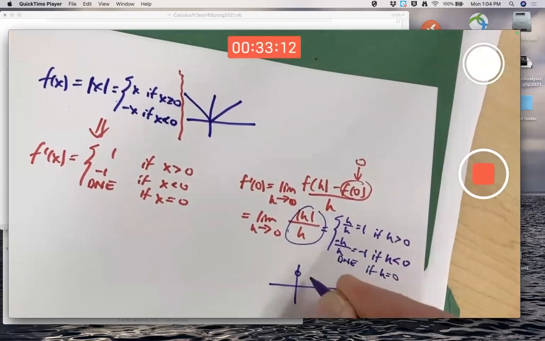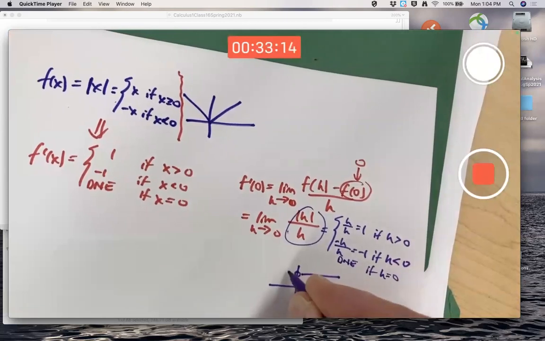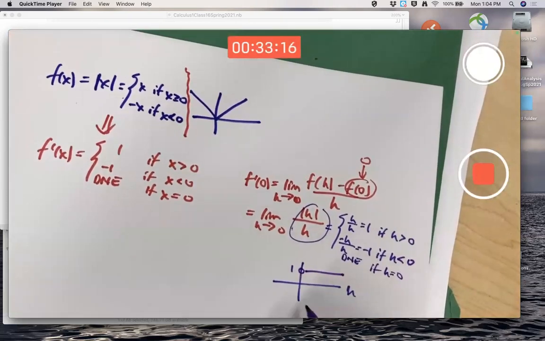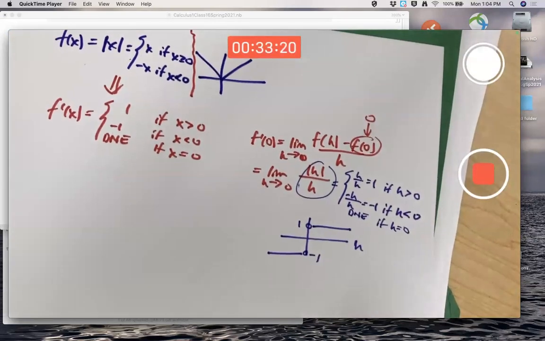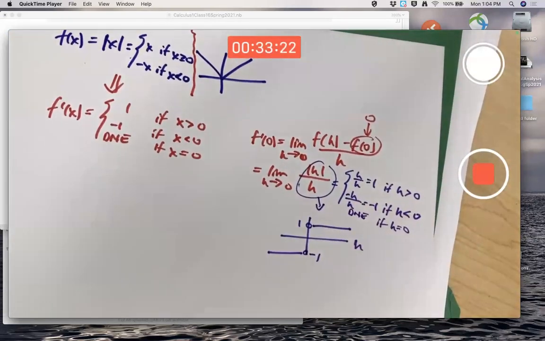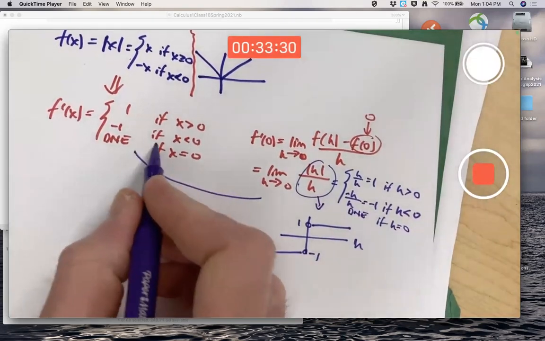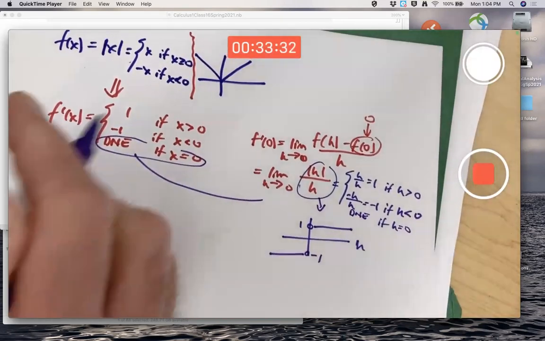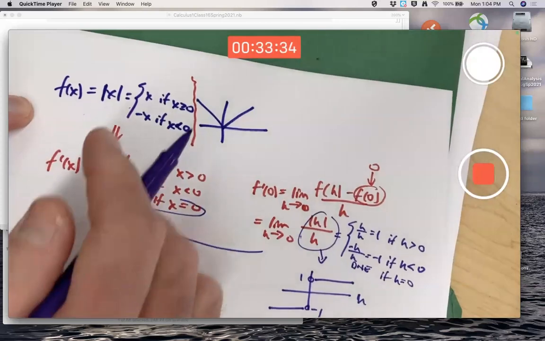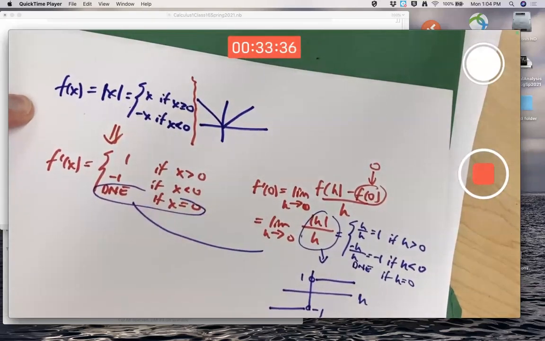The graph of this function is a horizontal line up at 1 when h is positive, and another horizontal line down at -1 when h is negative. But this function of h, which is what I'm graphing, is undefined when h equals 0, and that is a verification that f prime of 0 does not exist when x is 0 for this example. These are two different graphs, but they're related.